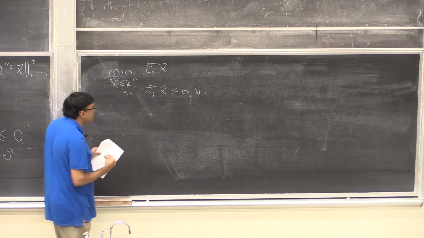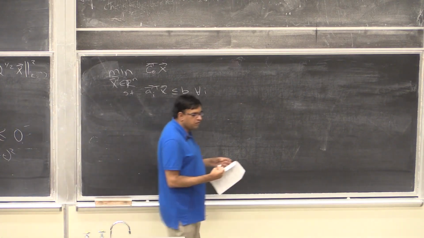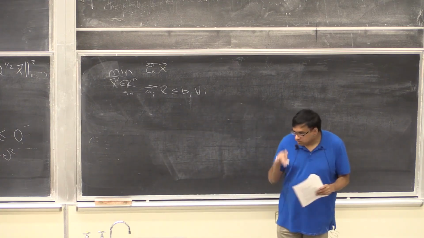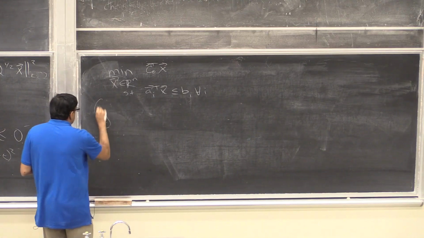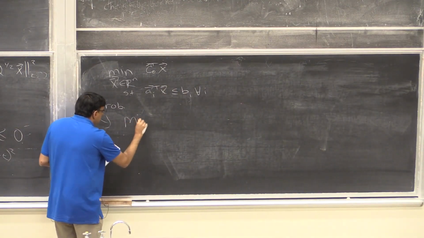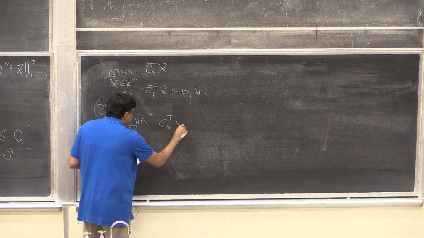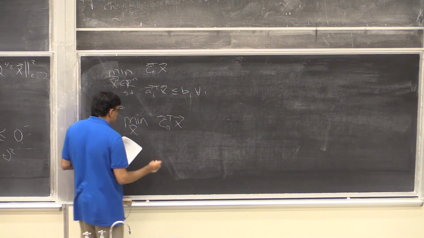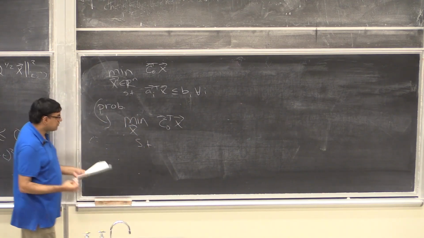And so we can formulate this in terms of probability. We can formulate a separate program, which will get us that the constraints hold with high probability. So I'm going to write the probabilistic version: min over x of c0 transpose x. Here c0 is maybe some fixed cost. When c0 changes, this is also called stochastic programming or stochastic optimization.